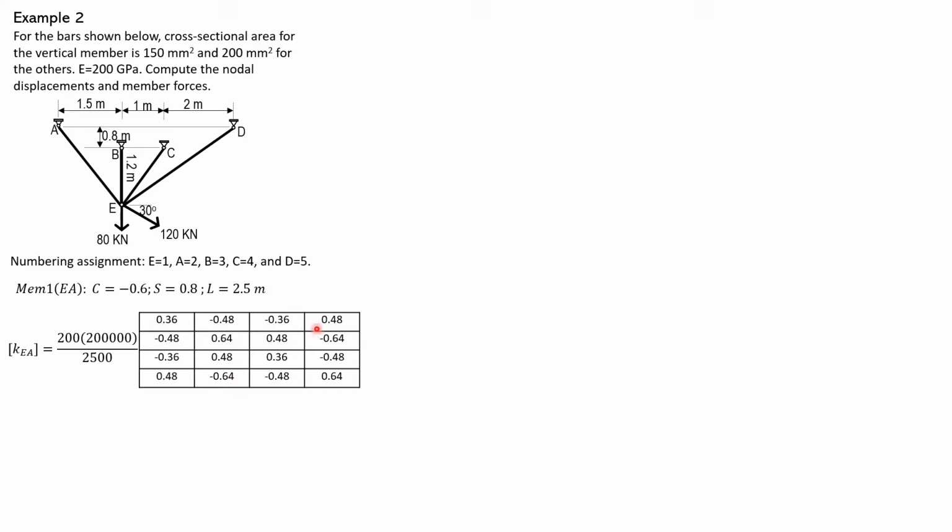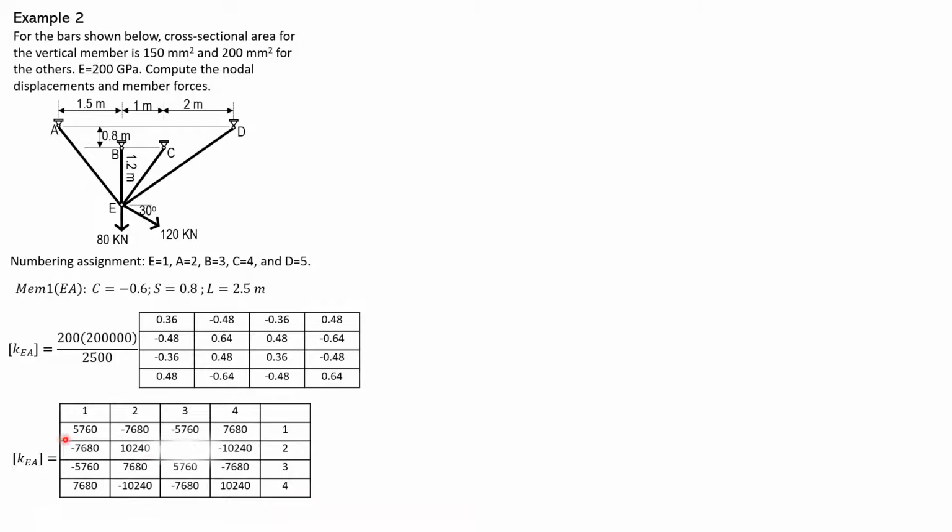So there's no need to explain the rest because that's very easy to remember. You just copy, right? Then involving this 200 times 200,000 over 2,500, the stiffness of member EA is equal to this. So you have to verify this value times 0.36 should be that value. This value times negative 0.48 should be that value. Then copy. Then this value times 0.64 should be this value.